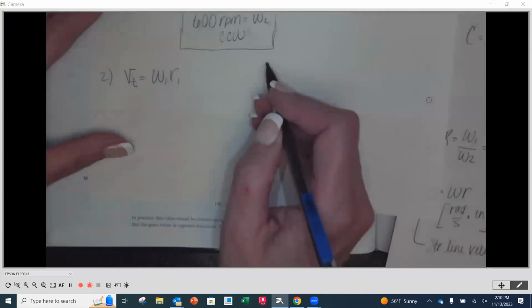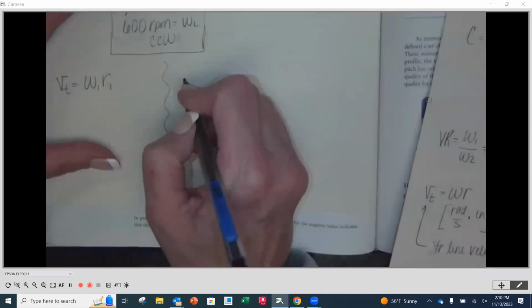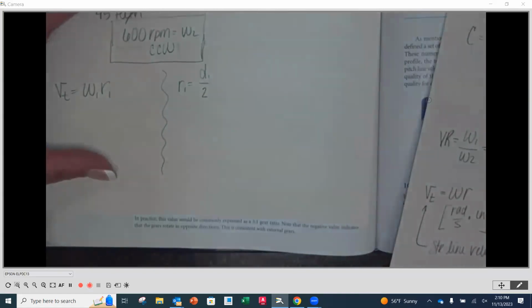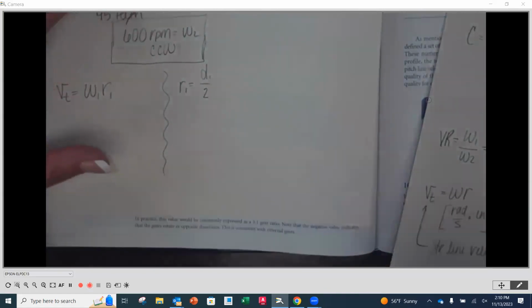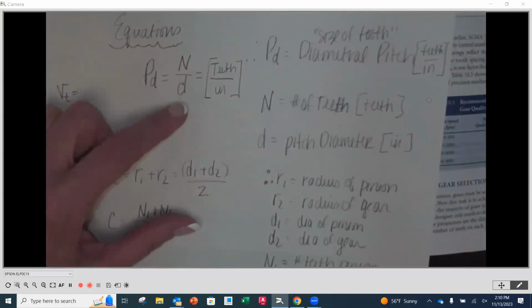So I'm going to call this step 1. Part 2 is our straight line velocity, which is equal to W1 times R1. Now over on the side, we're going to calculate this R. R1 is equal to D1 divided by 2, and we know the diameter is calculated using this relationship.